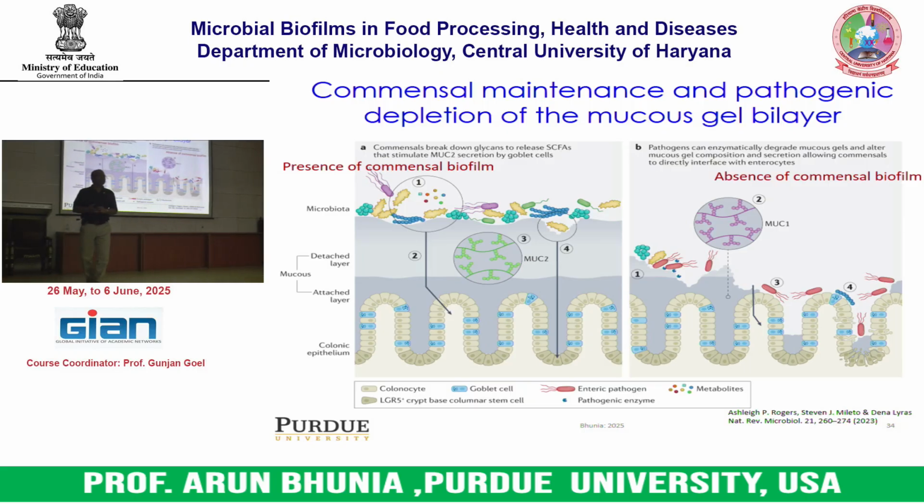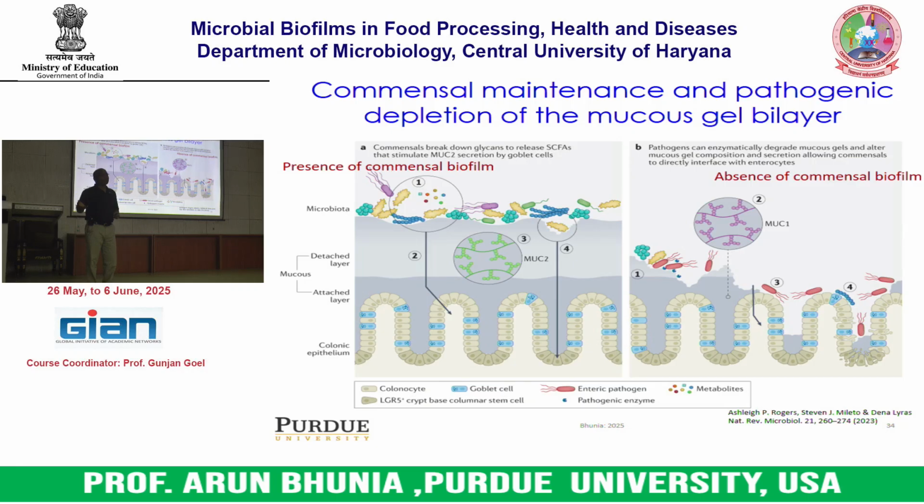Anybody? At what conditions do people lose their mucus layer? Because a thick mucus layer maintains the health of the gut, and that's where a lot of this microbial community resides, and they maintain a healthy gut environment.